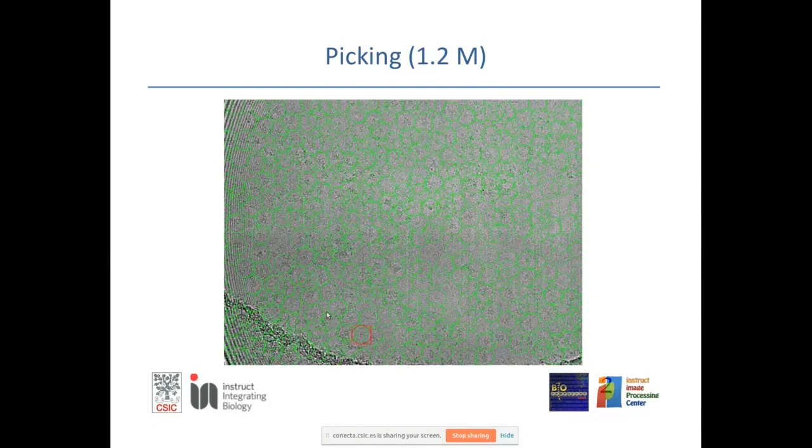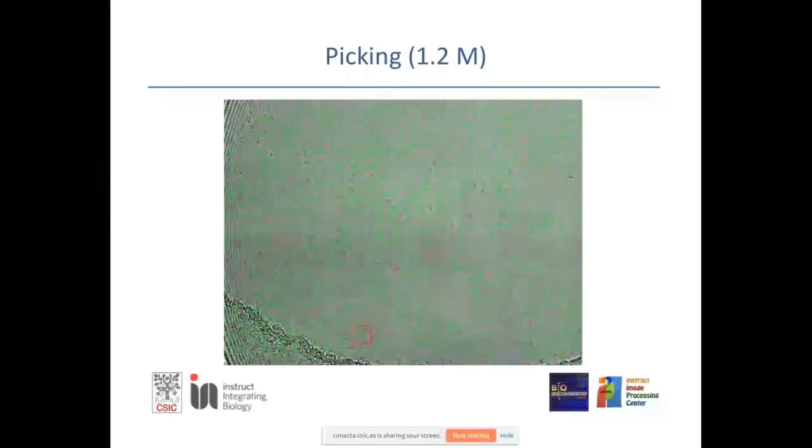This ringing here, we think it is coming from the aperture of the microscope. So for some reason, you are seeing there the oscillations coming from the aperture. And so we thought, okay, you can only get the particles from the central region where you don't see these oscillations of the aperture, because otherwise these oscillations will drive the alignment and you will get a bad 3D reconstruction.